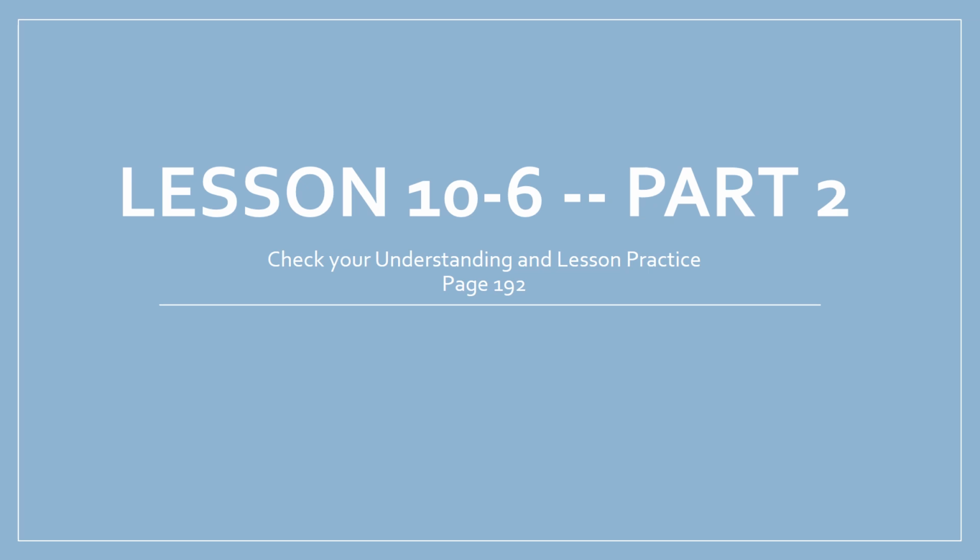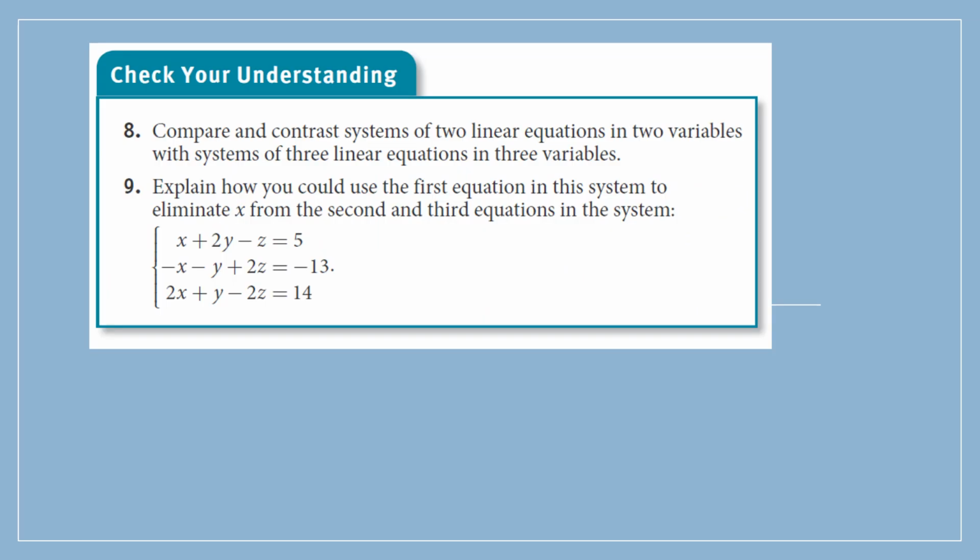Let's pick up on page 192 where the check your understanding and the practice are. First we get warmed up by comparing and contrasting systems of two linear equations in two variables with systems of three linear equations in three variables.